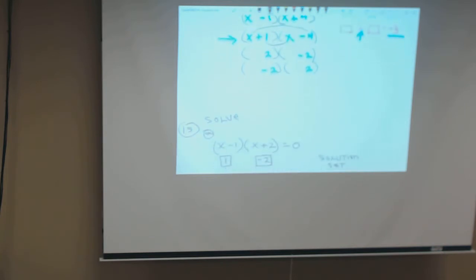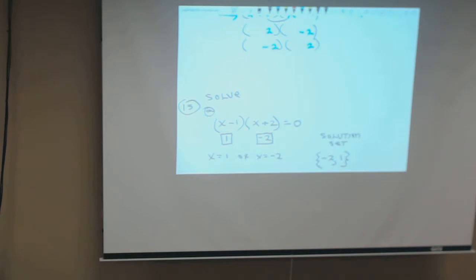Number 15 says solve. And what he just said here is this times this equals 0. So the only way to get 0 when I multiply two things is one of them has to be 0.